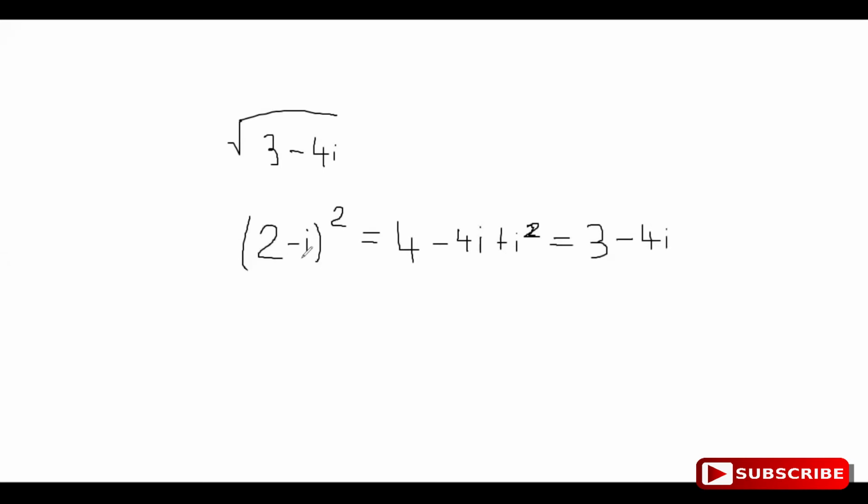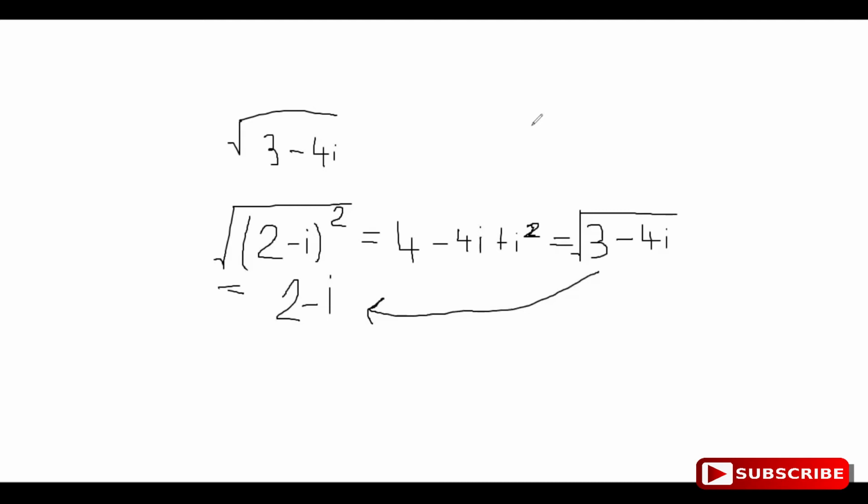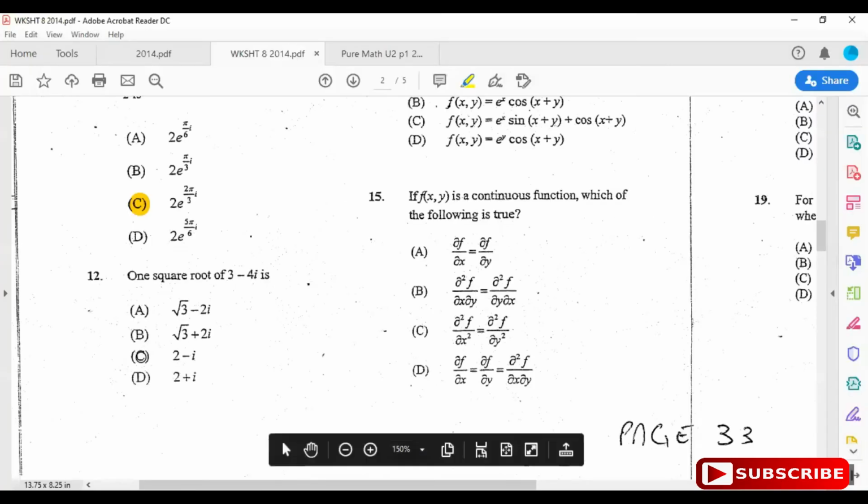So if 2 minus i squared is 3 minus 4i, then that tells me that the square root of 3 minus 4i is equal to 2 minus i. So that's the answer, 2 minus i. Easy. That's question 12.